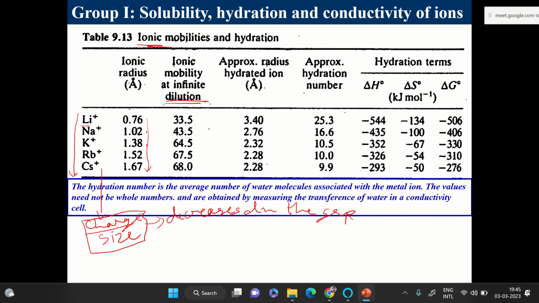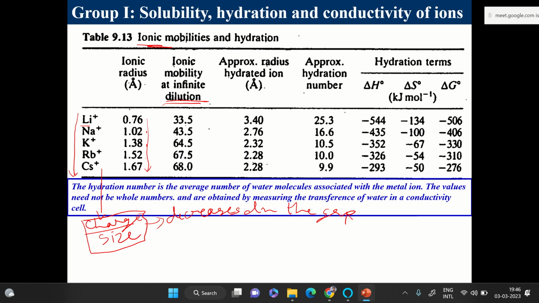So what is going to happen? The interaction with water will weaken. So मतलब क्या होगा कि आप लिथियम से सीजियम प्लस की तरफ जाएंगे तो उतना strongly, so lithium plus will be having a very strong field. It is a small cation, it will be surrounded by a large number of water molecules. Na plus will have a weaker electric field.